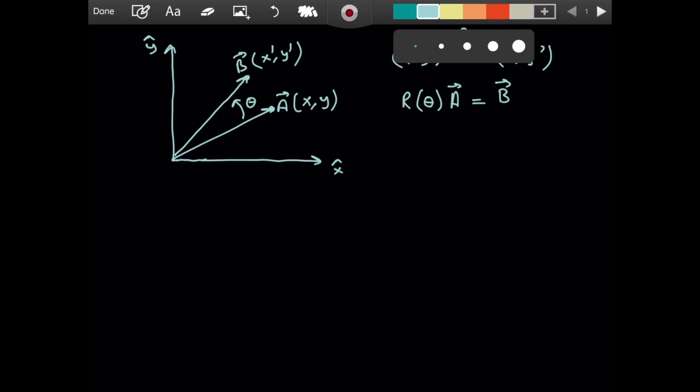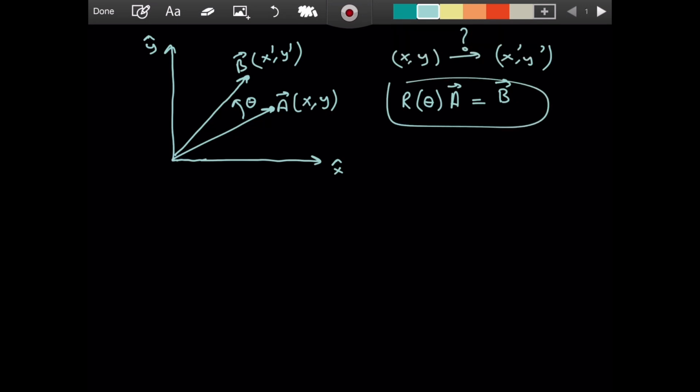Okay, anyways. So we want this. We want to find what r is in terms of theta. And the general form is going to be, we have x, y. This is a vector if we are using matrices. We want this vector to transform into this vector.